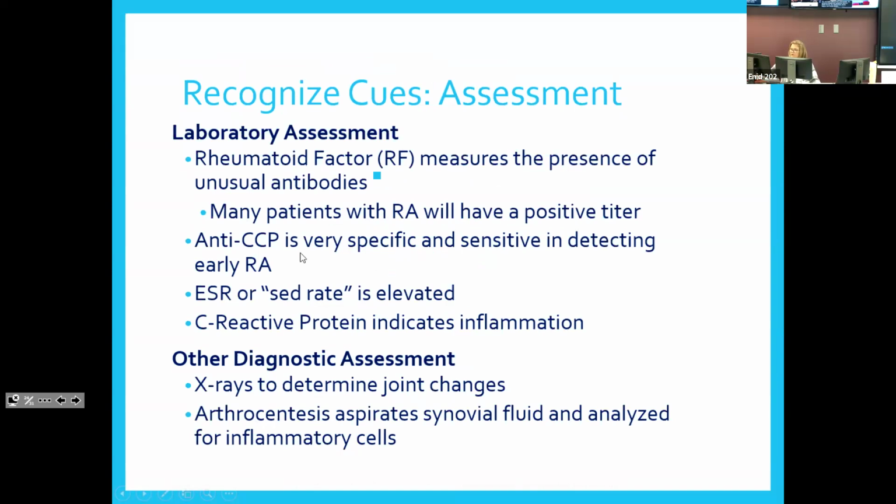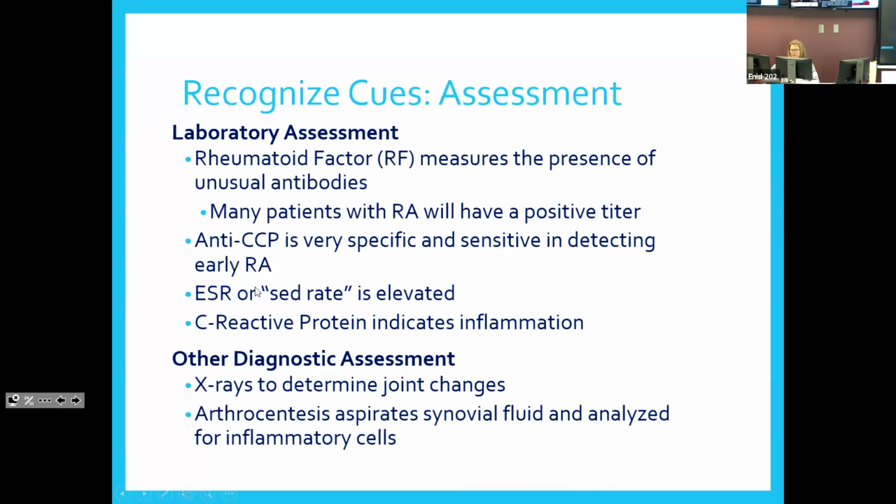Things you could find on their lab work: they may have a rheumatoid factor, which measures the presence of unusual antibodies. They'll do an RA titer, and if it's positive, that's an indication they have rheumatoid arthritis. They can check the anti-CCP, which is very specific and sensitive in detecting early RA.